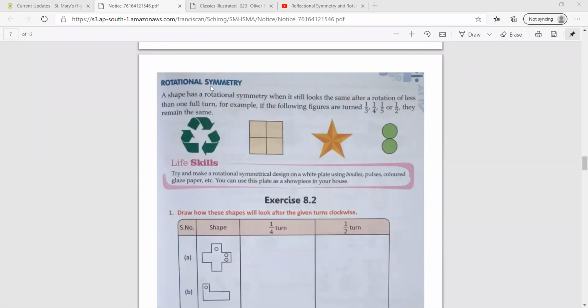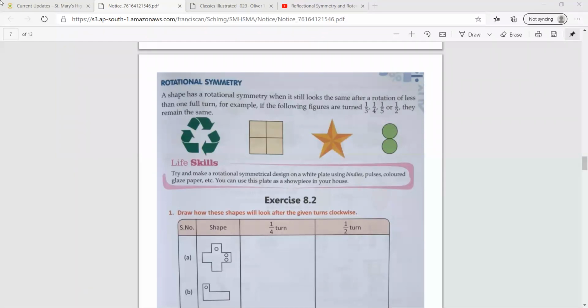So now rotational symmetry. A shape has a rotational symmetry when it looks the same after a rotation of less than one full turn. If we take one full turn, we will get the same thing. But if we are not taking one full turn and we still get the same figure, then that figure has rotational symmetry.